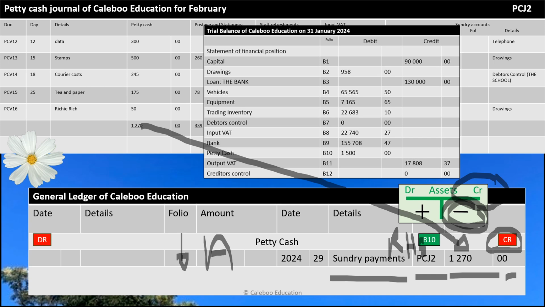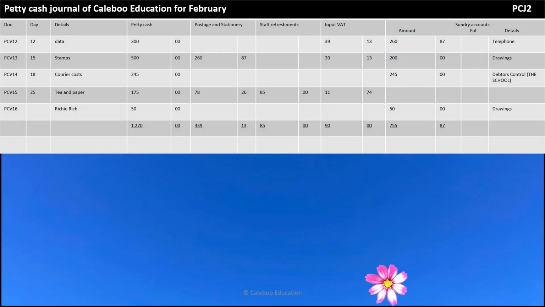Let's move on. This is account B10. I got that there from the trial balance. B10 is the folio. Blue sky. And we're getting towards the end of the petty cash journal. Fantastic.